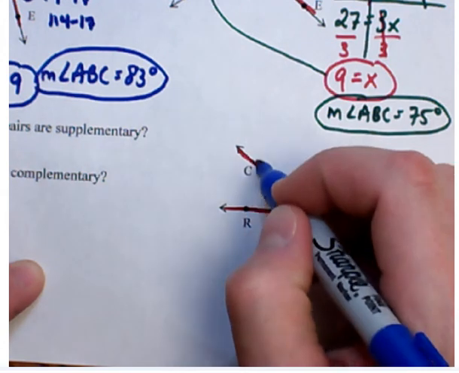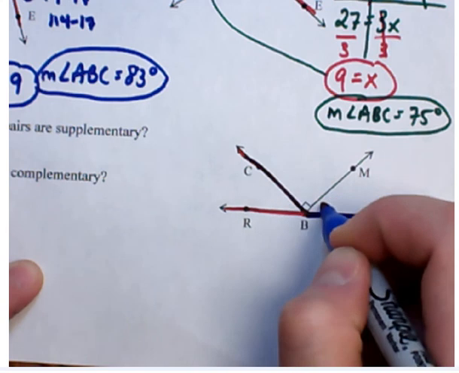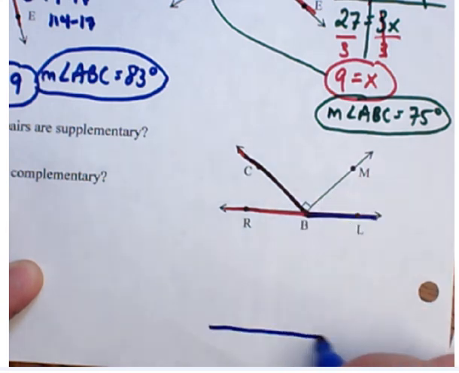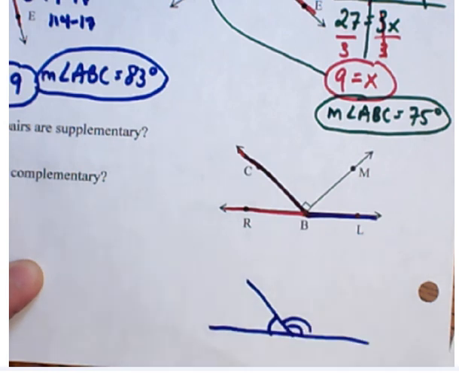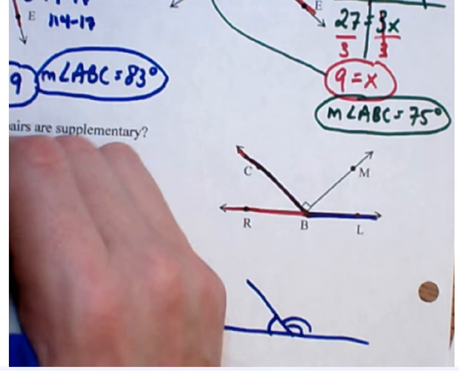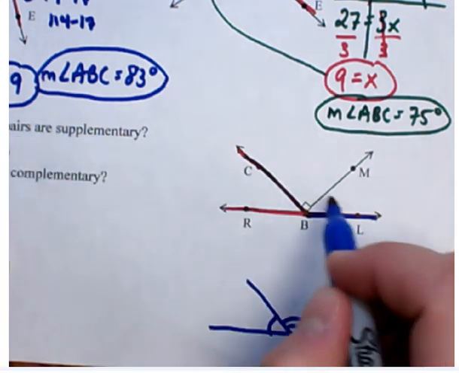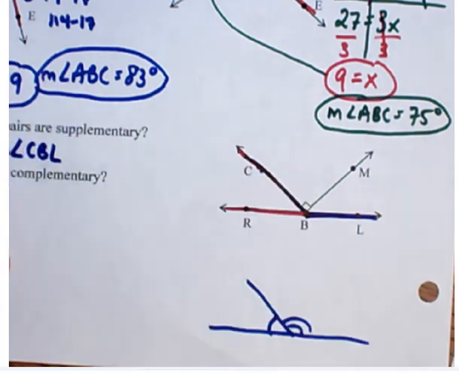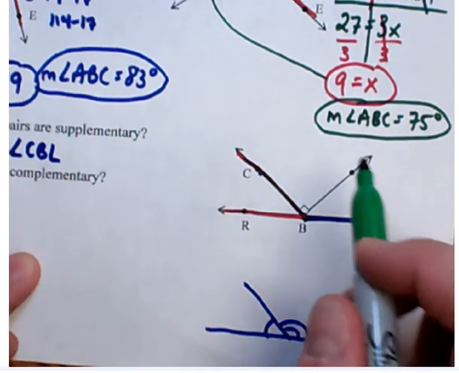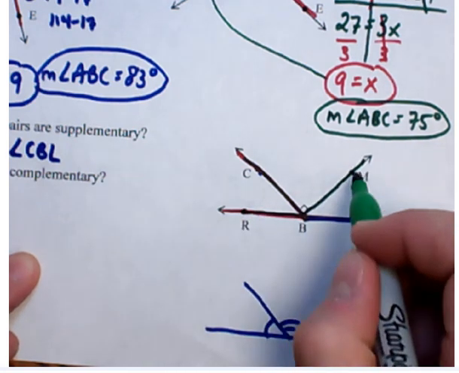Now, to get 180, I have to get a straight line. Well, angle CBL, notice these are adjacent. If I look at it down here, it's this angle and this angle. Together, that's 180. So angle RBC and angle CBL is one example. Now you could also say, how about angle RBM and angle MBL?